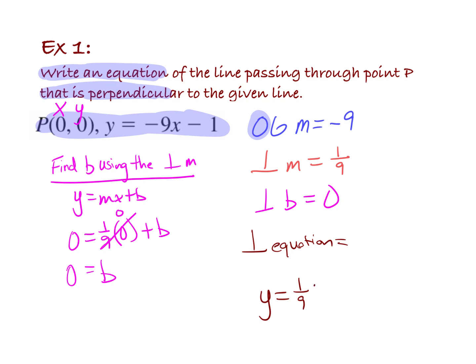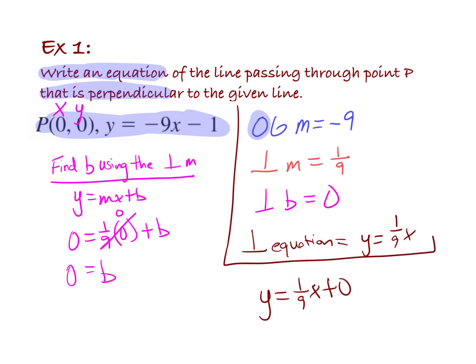And then what? What goes after 1 over 9? X. And then the B is what? So plus 0. But do I need to write plus 0? No. So for the final one, just put 1 over 9x. Don't put the plus 0 because it doesn't add any value.